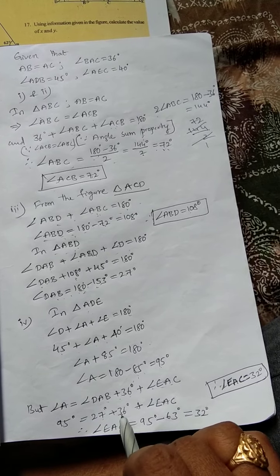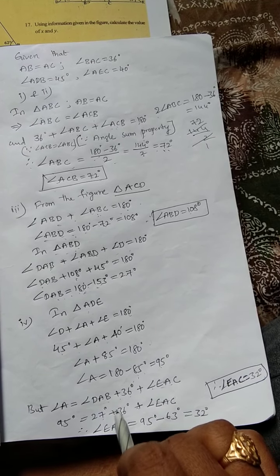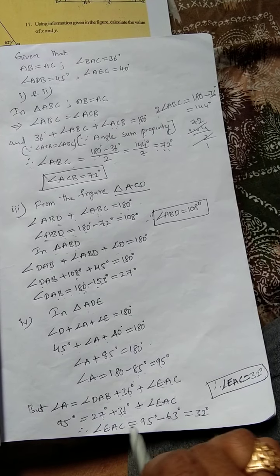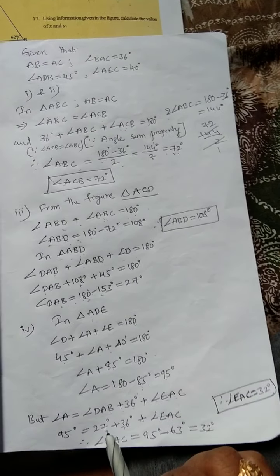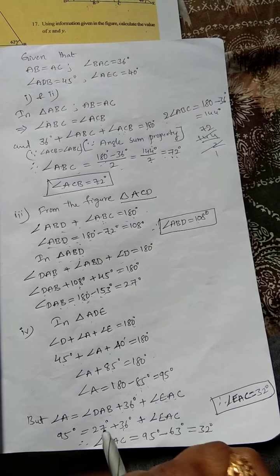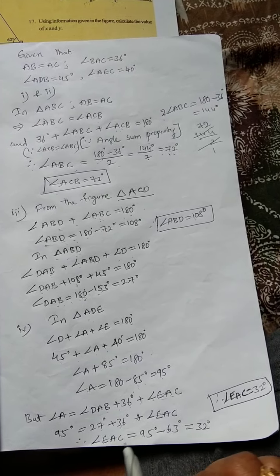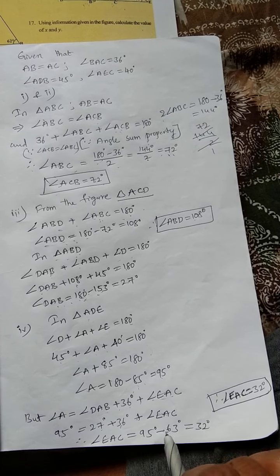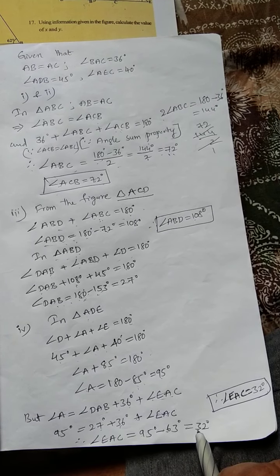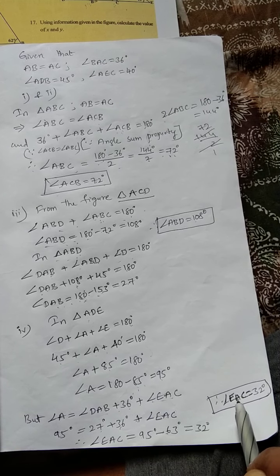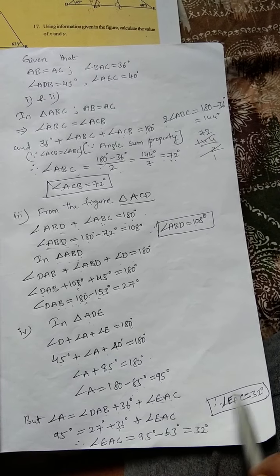The sum of these two angles is 63. Take the transpose: angle EAC is equal to 95 minus 63. If you do the subtraction you will get 32 degrees. Therefore angle EAC is equal to 32 degrees.